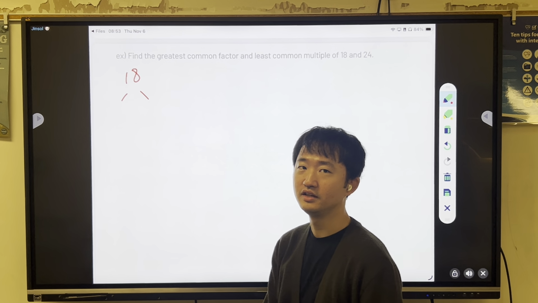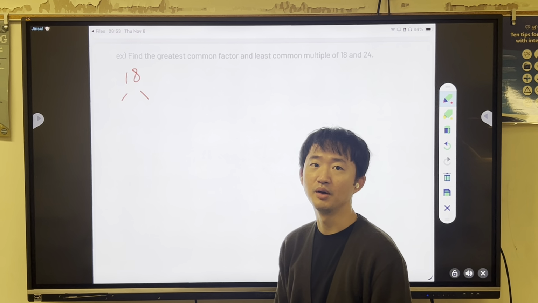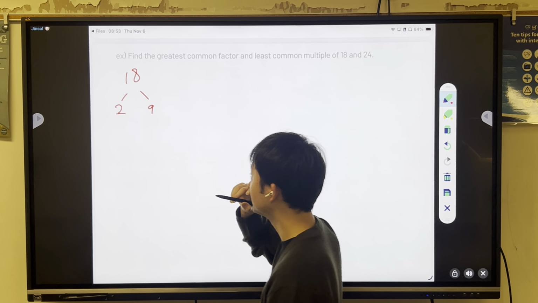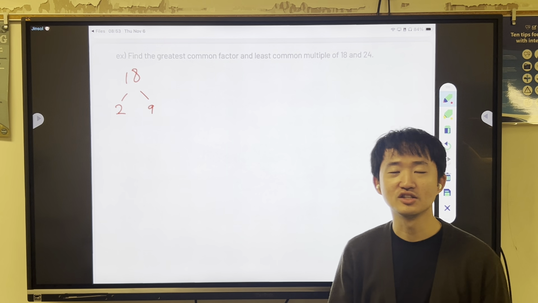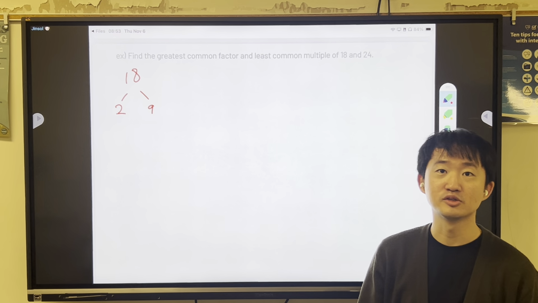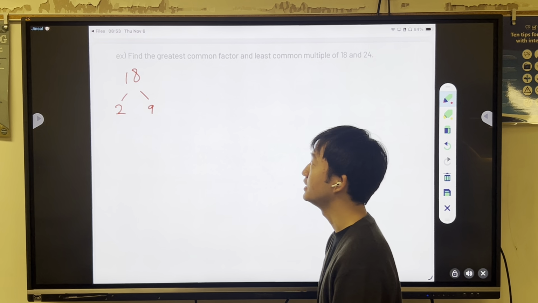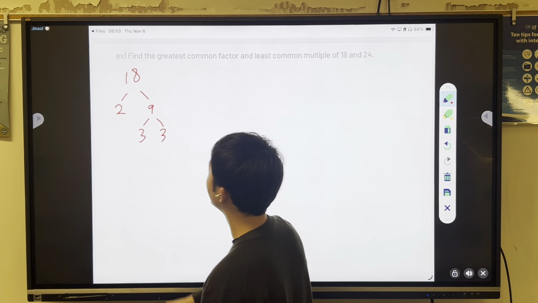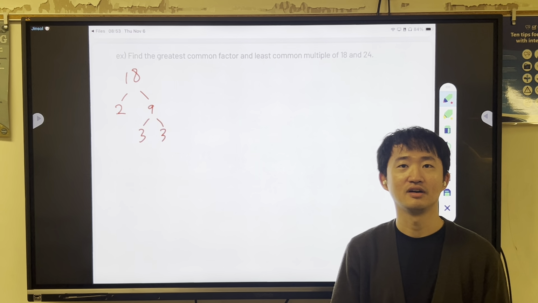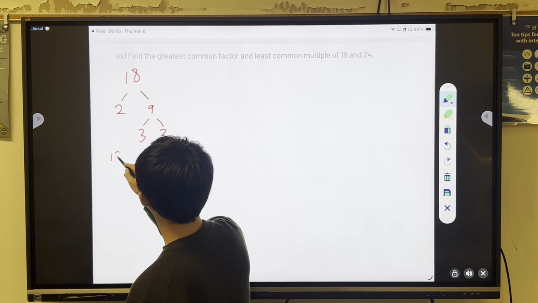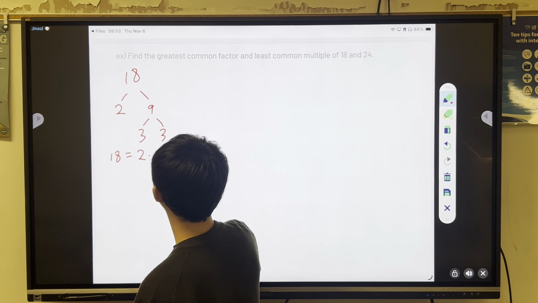First off, 18 is divisible by the smallest prime number, 2. 18 divided by 2 is 9. Well, 9 is not divisible by 2 anymore. So let's move on to the second smallest prime number, which is 3. Luckily, 9 is divisible by 3. 9 divided by 3 is 3. And therefore, we have our prime factorization of 18. So 18 is equal to 2 times 3 times 3.